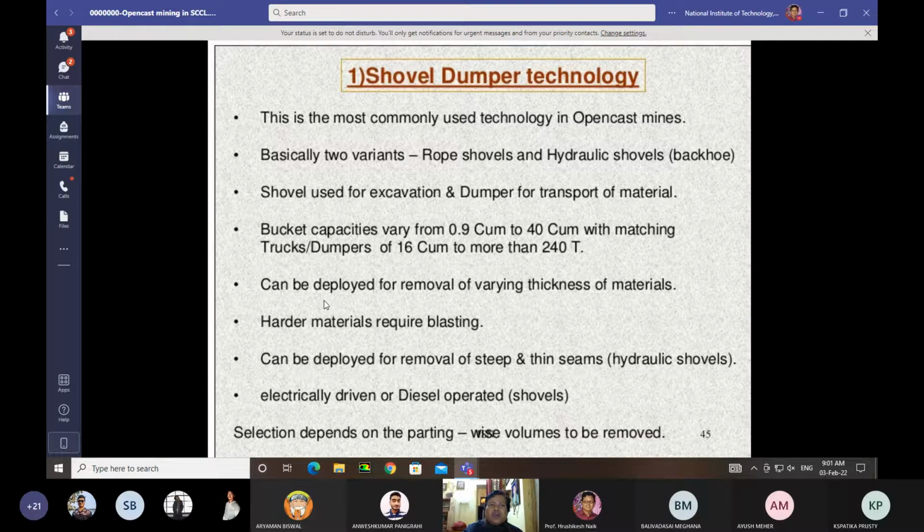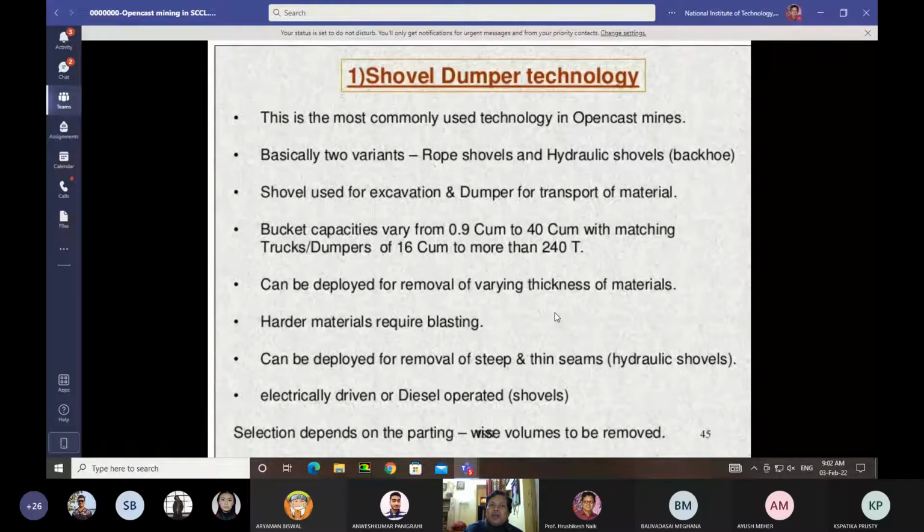So the shovel dumper mining technology can be deployed for removal of varying thickness of material. If the material thickness varies from a few meters to many meters, maybe a thin material, maybe a thick material, in that case the shovel dumper mining technology can be easily deployed for removal of varying thickness of materials.